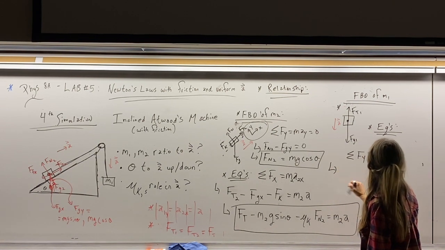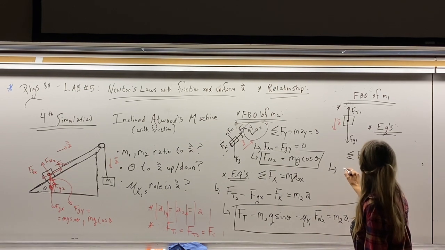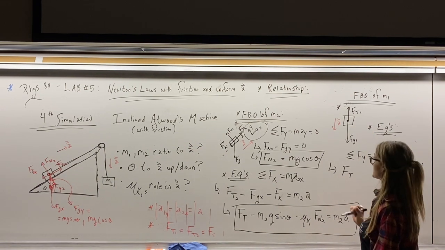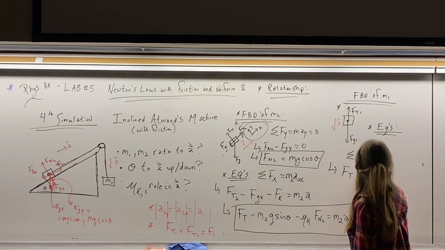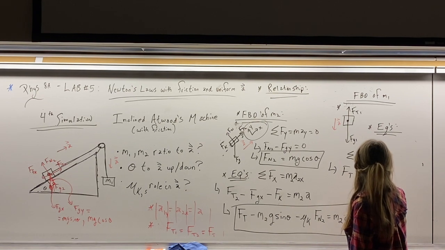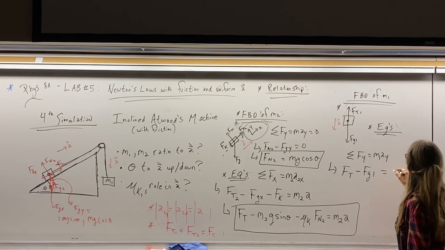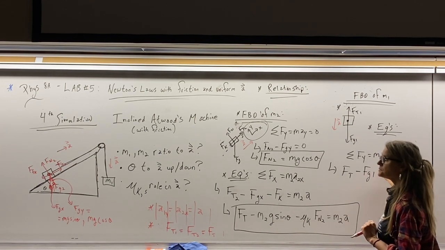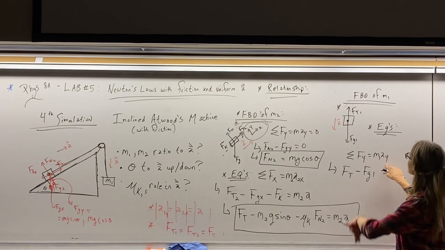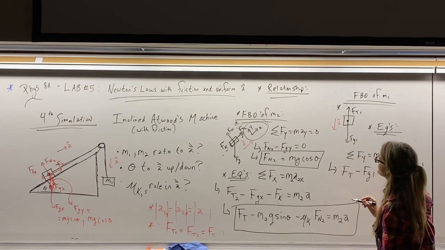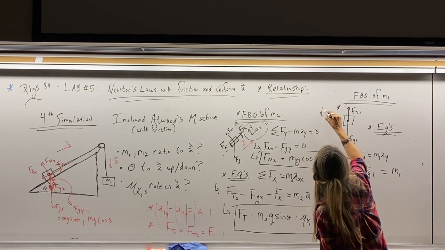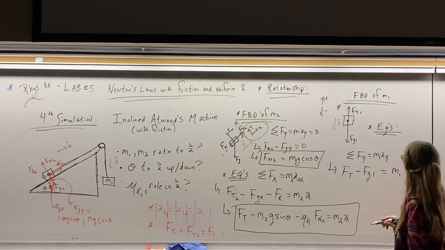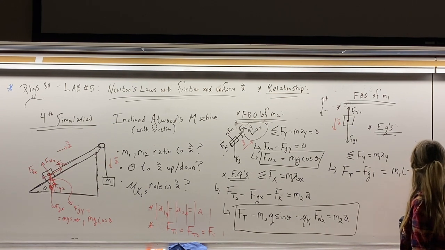And in this case, that's non-zero. So I have the tension of 1, which I'll just say is Ft, minus the weight of 1 will equal the mass of 1 times the acceleration that 1 undergoes, which will be negative because it's going downward. This is my negative direction. So negative down, positive up. So this will be negative ay.